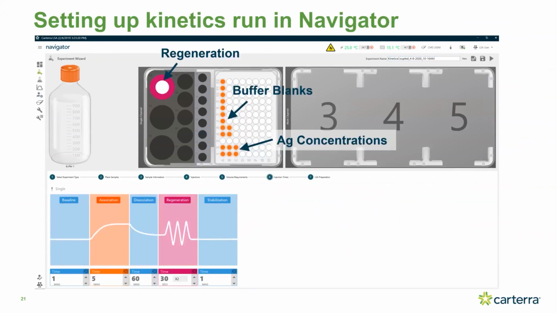Then to set up the actual kinetics run, it uses a similar wizard-based system where everything's color-coded. Again, we have our mock sensorgram here, where we have the baseline time, the association, dissociation, regeneration conditions, and a stabilization phase. And then these are all of the samples you need. So we need 1 tube for regeneration in the sample block.